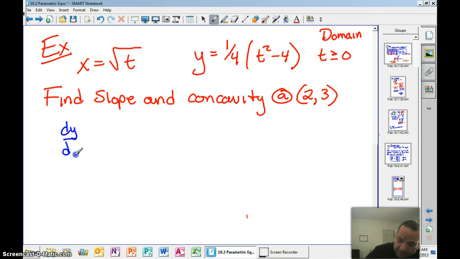dy dx is equal to dy dt, so the derivative of y with respect to t. Well, if I do that, I get, looks like if I set this guy equal to u, du is 2t.